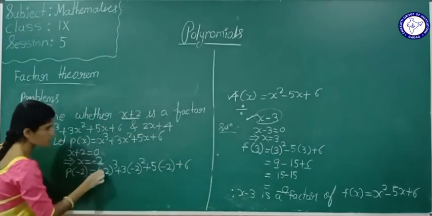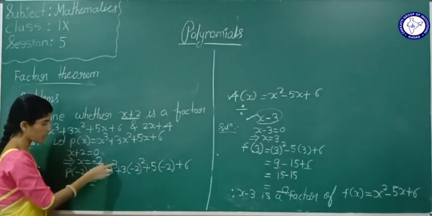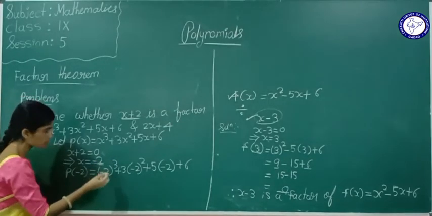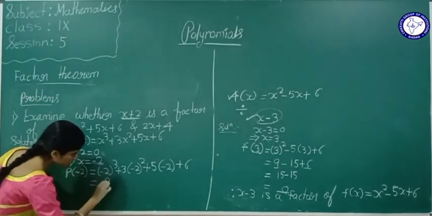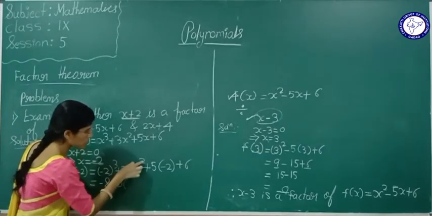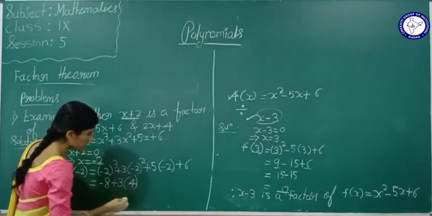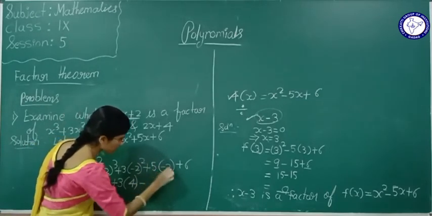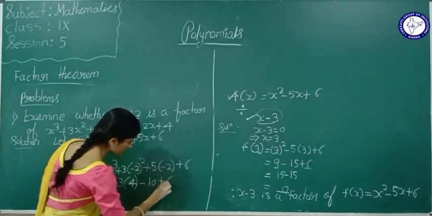If you multiply minus 2 three times, what will we get? It will be minus 8 plus 3. Minus 2 multiplied 2 times, it will be 4. Plus minus is minus, 5 2s are 10 plus 6.